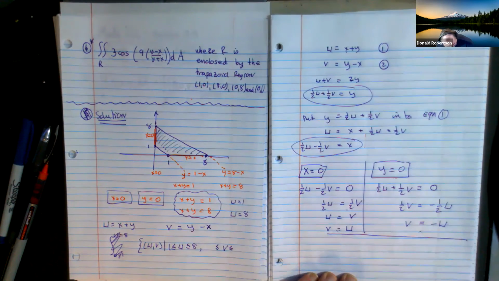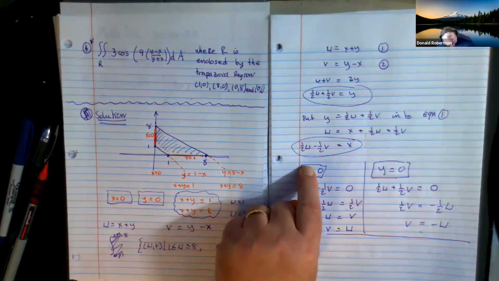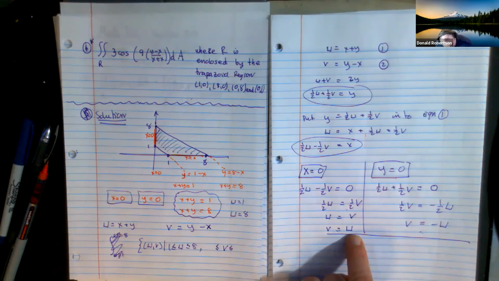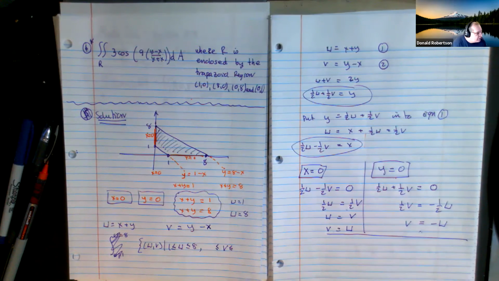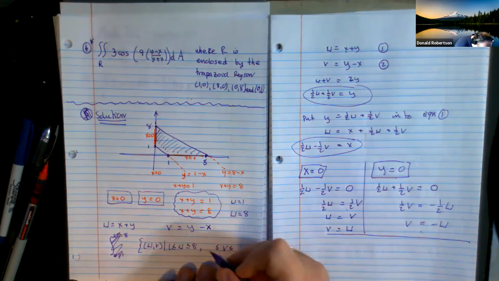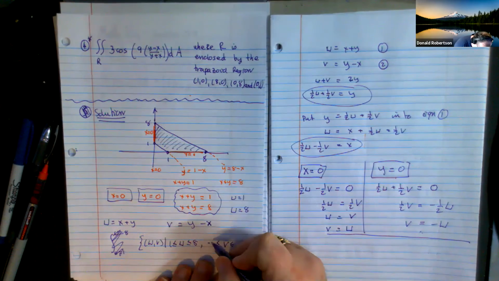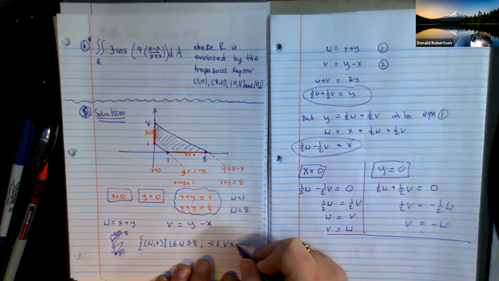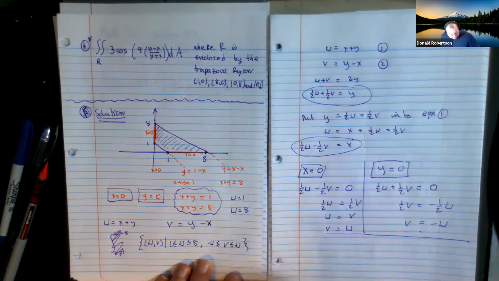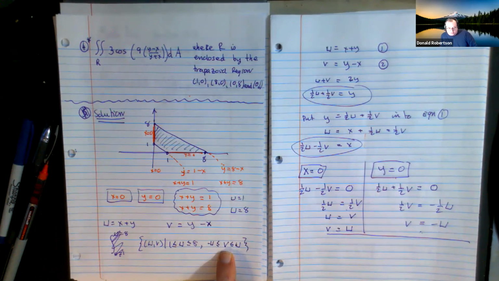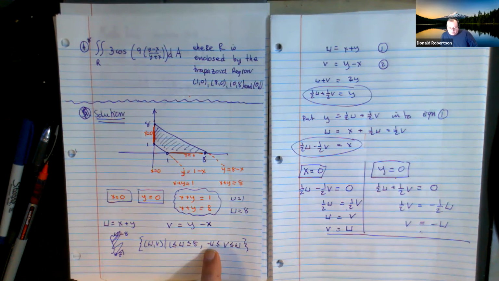So x equals 0 is the same thing as V equals U. And y equals 0 is the same thing as V equals negative U. So I don't think it should be too much difficulty to stick in a negative U and a U. Are you happy that the boundary of V isn't numbers, but it's between U and negative U?